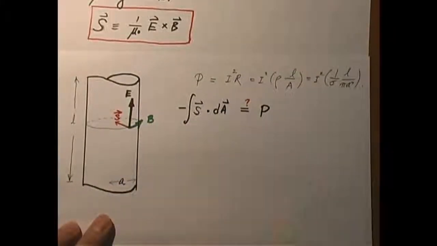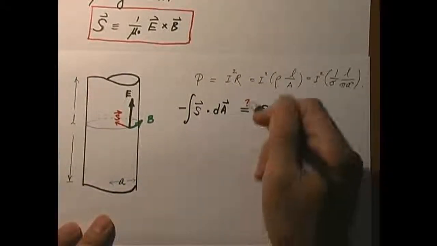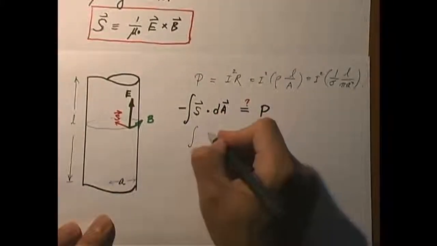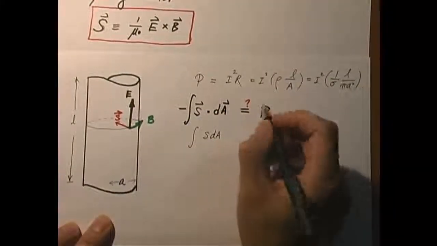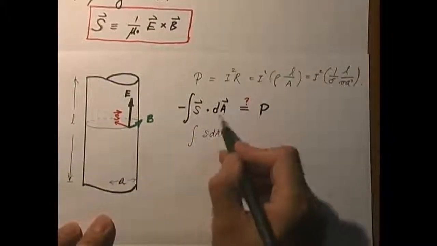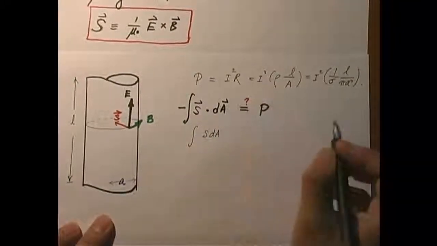Let's finish this integral and test whether this is true. First of all, S dot dA is S times dA times cosine theta, which is -1 because S goes in and dA goes out, which cancels with this negative sign, so that's perfect.